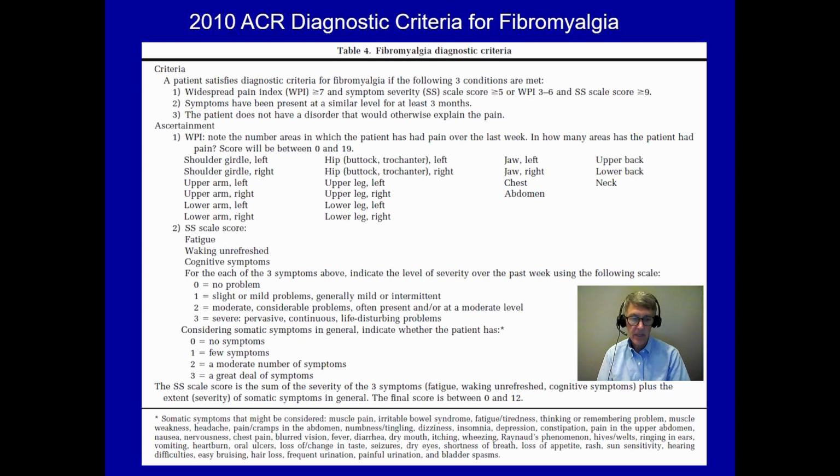And so this would be helpful if one were trying to do a fibromyalgia study over the phone and doing questioning. You could ask patients these questions, determine if they would fit the classification of fibromyalgia, and proceed with the study. Therefore, in order to use the 2010 classification criteria, not diagnostic criteria, for fibromyalgia, one needs to look at several things.